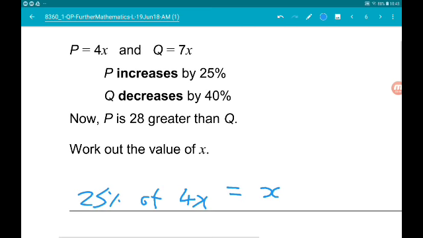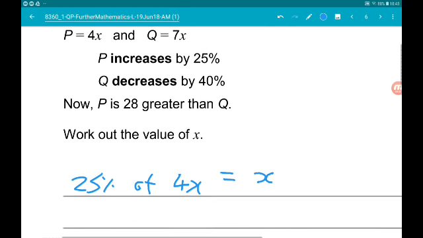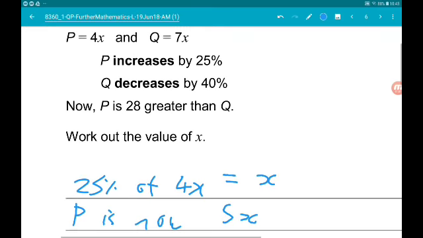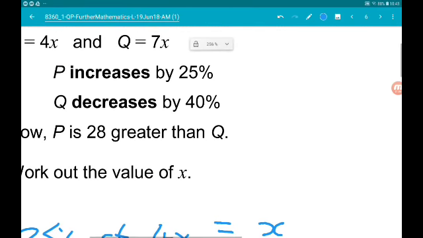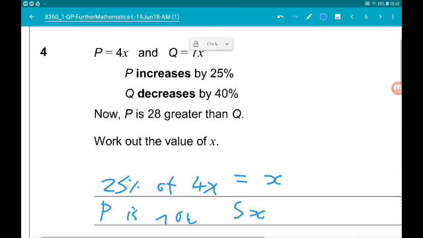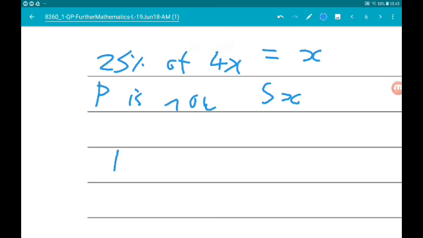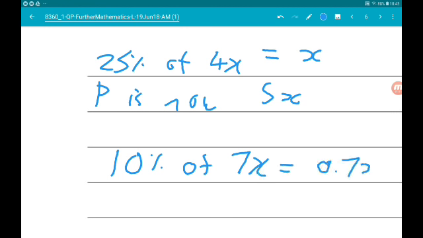So when P increases by 25%, P is now 5x. Q decreases by 40%, so not quite as nice. So 10% of 7x is 0.7x.